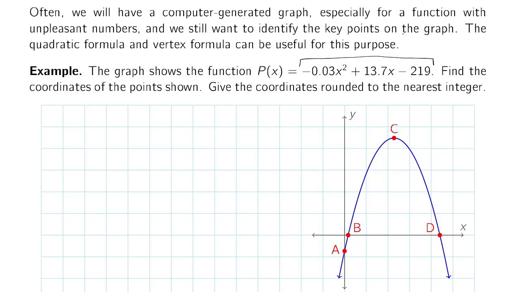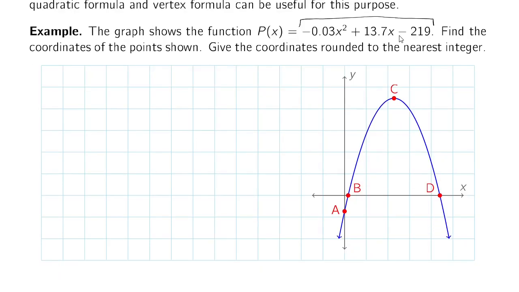And we have a graph that's drawn on unlabeled axes, right? Notice there are no numbers on the x and y axis in this graph. And what we'd like to do is to figure out what the coordinates of these points, A, B, C, and D, are.